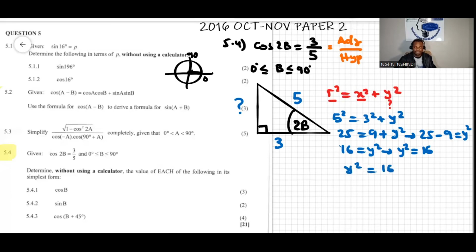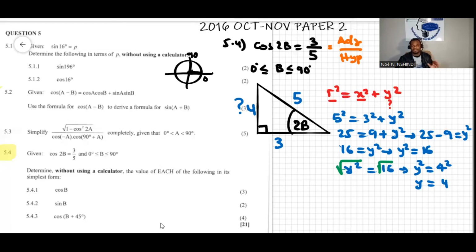We square root both sides, and y equals 4. In the first quadrant we just want positive 4, not negative 4. Now that we have found all the sides of the triangle, we can start answering the questions.